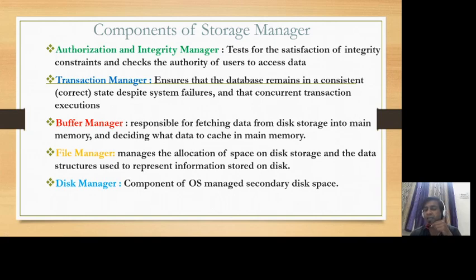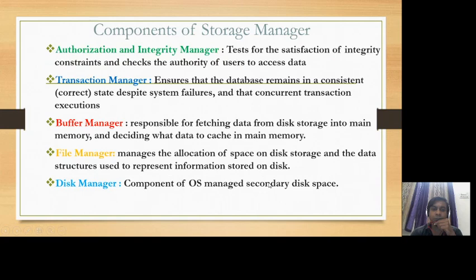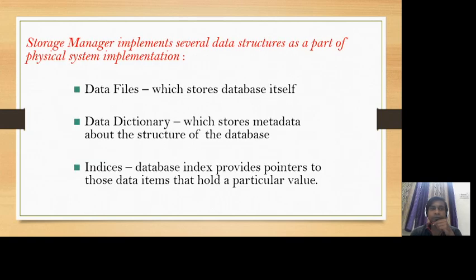The disk manager is the lowest component which we see in the diagram. The disk manager is responsible for managing secondary storage space, meaning the space allocated in our operating system. To manage such things, the disk manager plays a very vital role.